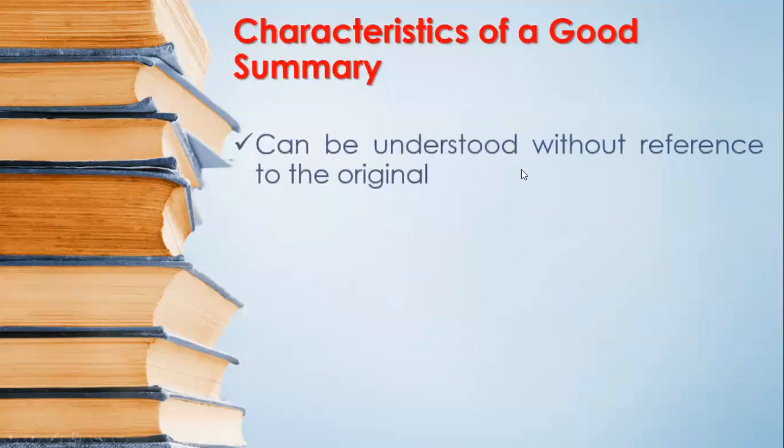What's the first one? One of the characteristics of a good summary is that it can be understood without reference to the original. Your summary is a good one if the reader understands your summarized version of the original text without reading the original one.